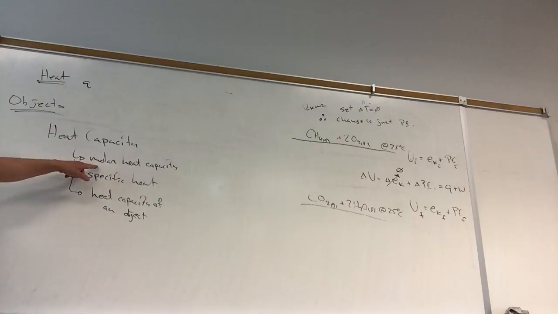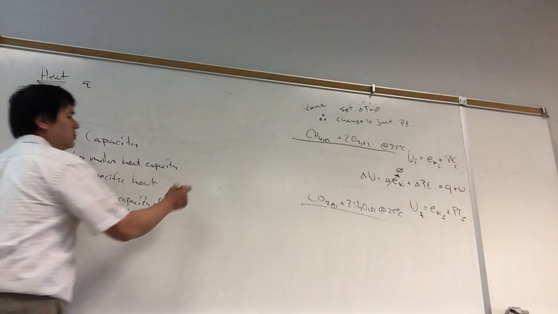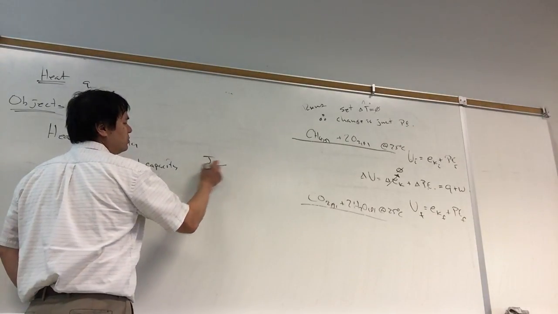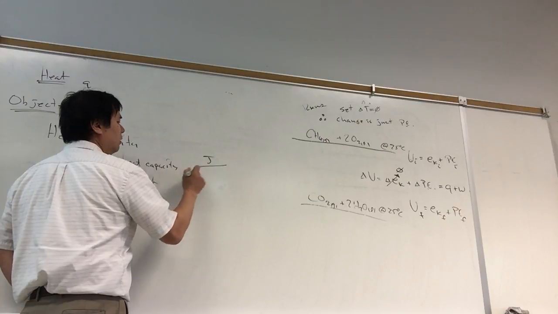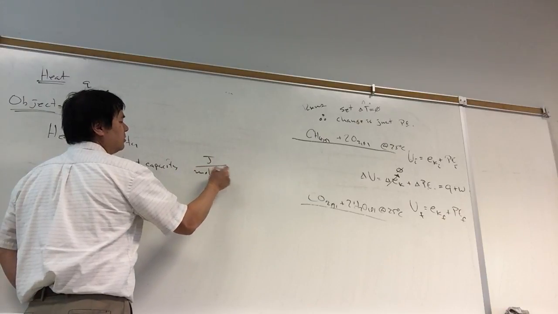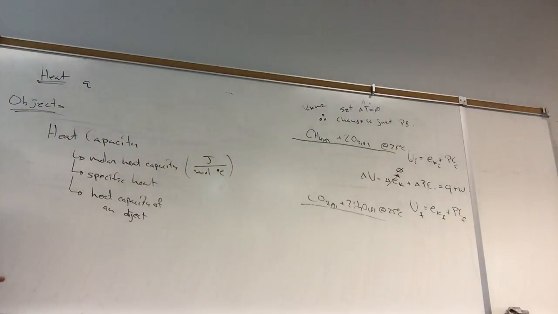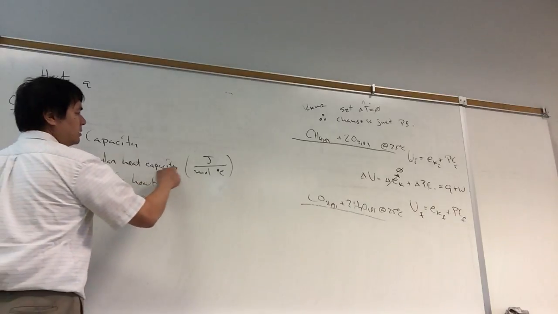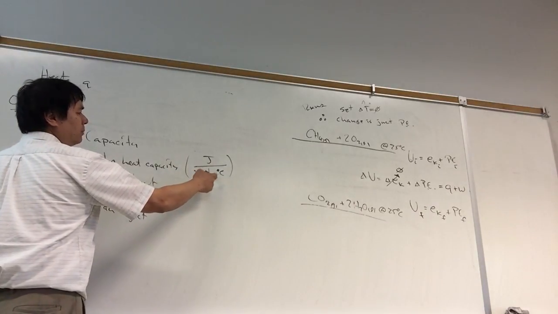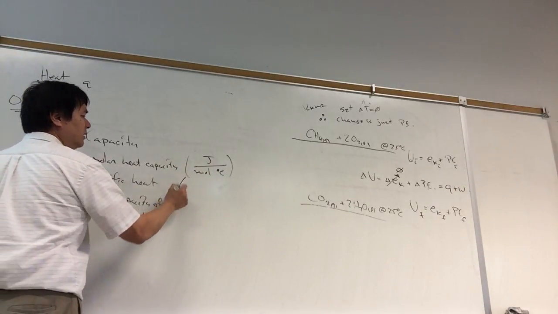But anyway, the molar heat capacity just gives us the ratio: how many joules of energy are going to cause a mole of this to heat up by one degree C. So if I had a mole of whatever object I'm looking at, the heat capacity is going to tell me how many joules are required to warm it up by one degree C. The specific heat is different.